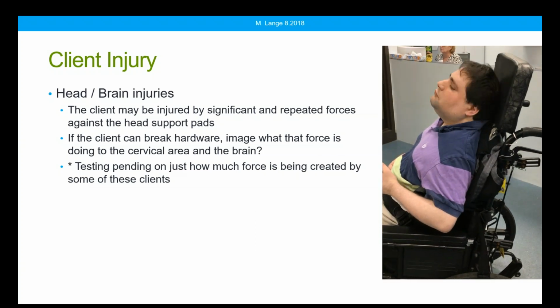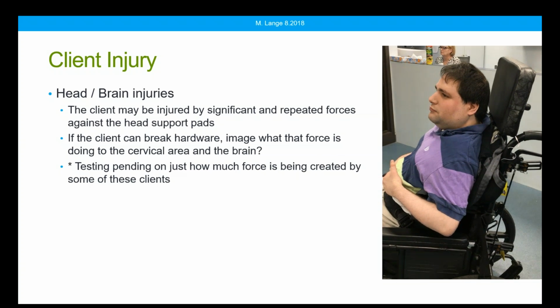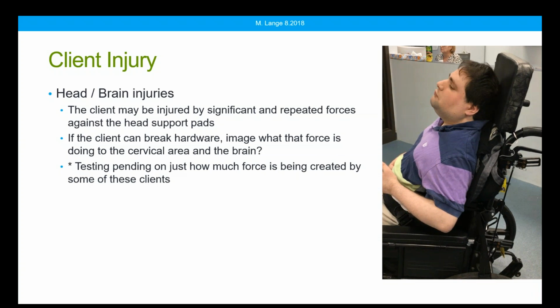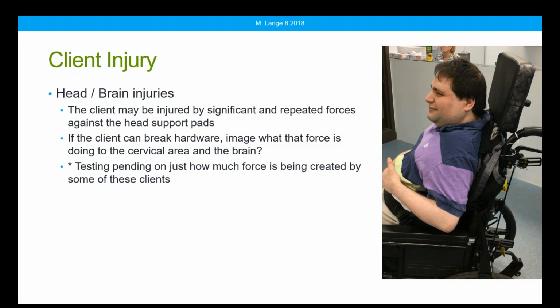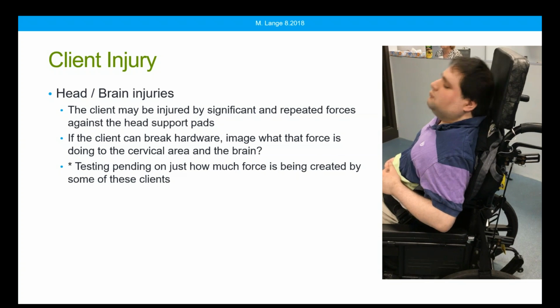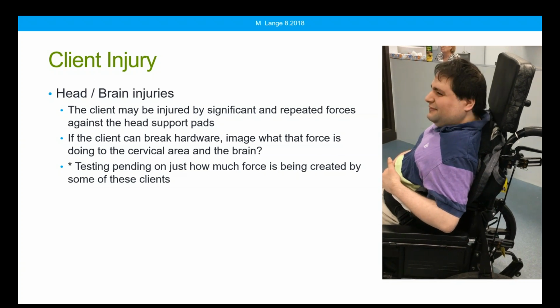I know I don't have enough strength to break that off. But I have had very young clients sometimes, clients who do not weigh very much, who have significant forces, enough that they have literally snapped clean off the mounting hardware on a head support.